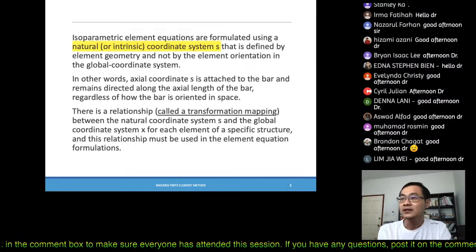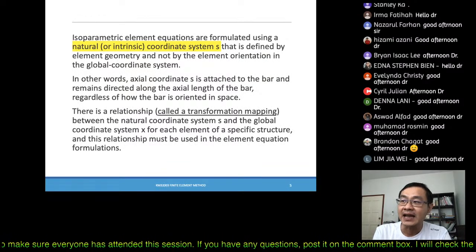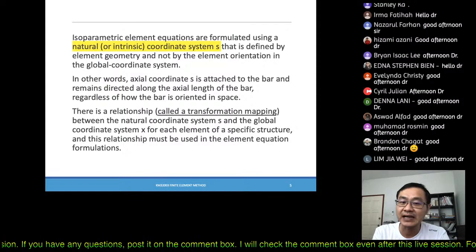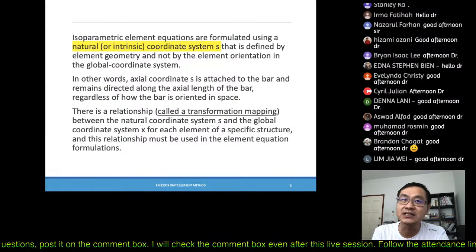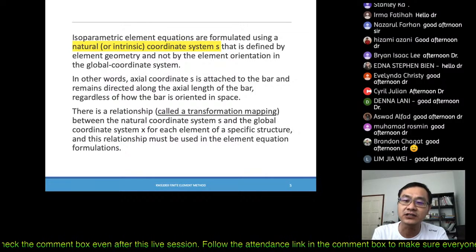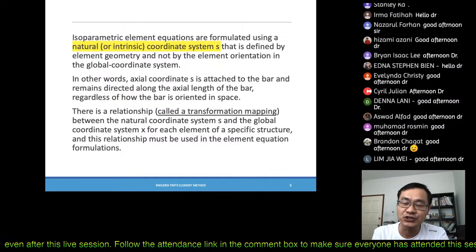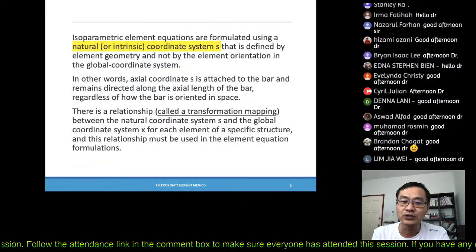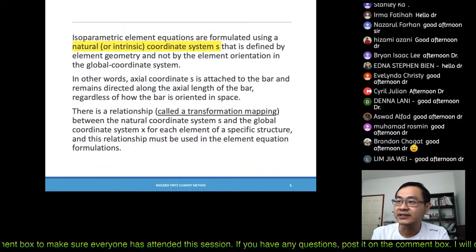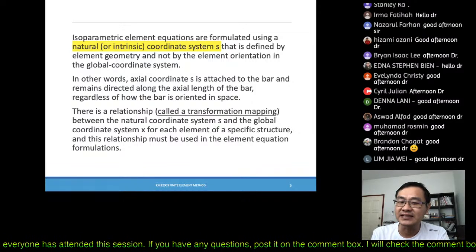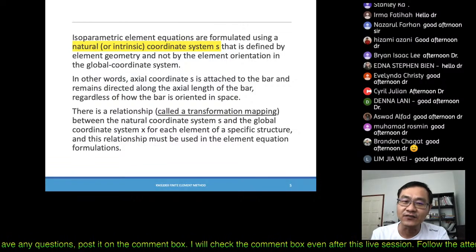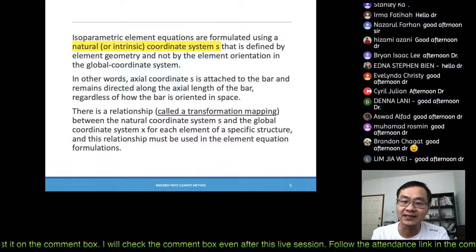So in the isoparametric element equation, we will use a natural coordinate system instead of the Cartesian coordinate, or a cylindrical coordinate, that we use to describe our elements. This isoparametric element is similar, only the coordinate system now we are using, instead of x and y, we will use s and t.